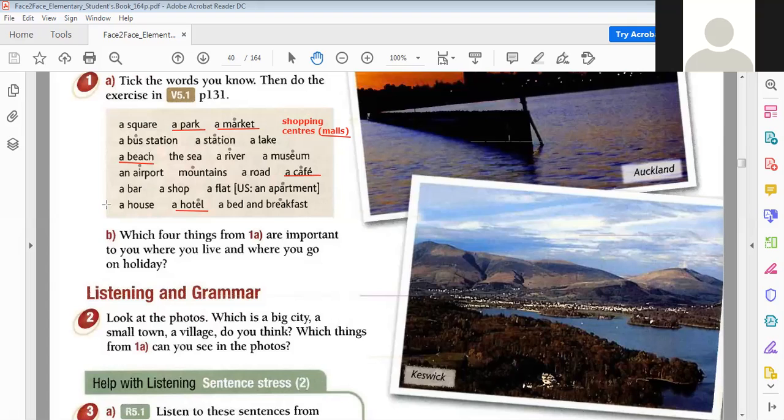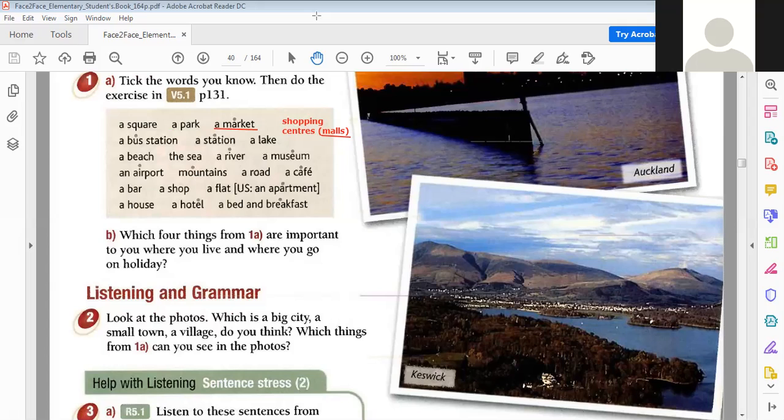Okay, that's nice. What about you? Can you choose some important places for you and the family when you go on holiday, and where you live? I think important sites next to my house. I think a market, and can I add something like a library?